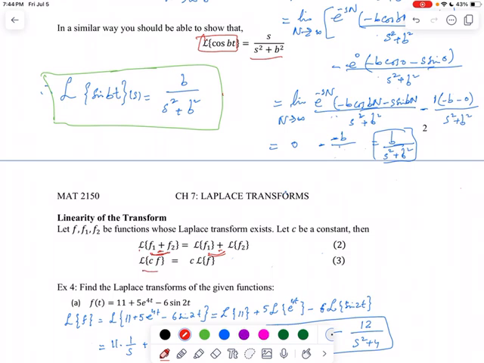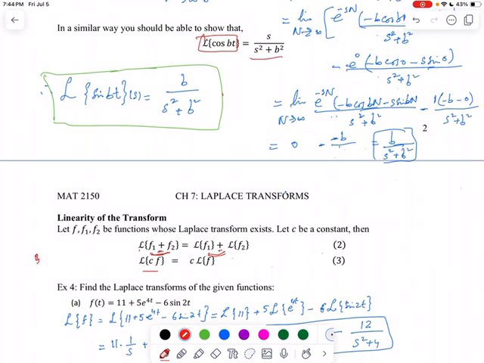The second part of it is about constant coefficients. If a function is being multiplied by a number, then the Laplace transform of that function will be the number times the Laplace transform of the function. This is the same thing as with derivatives.